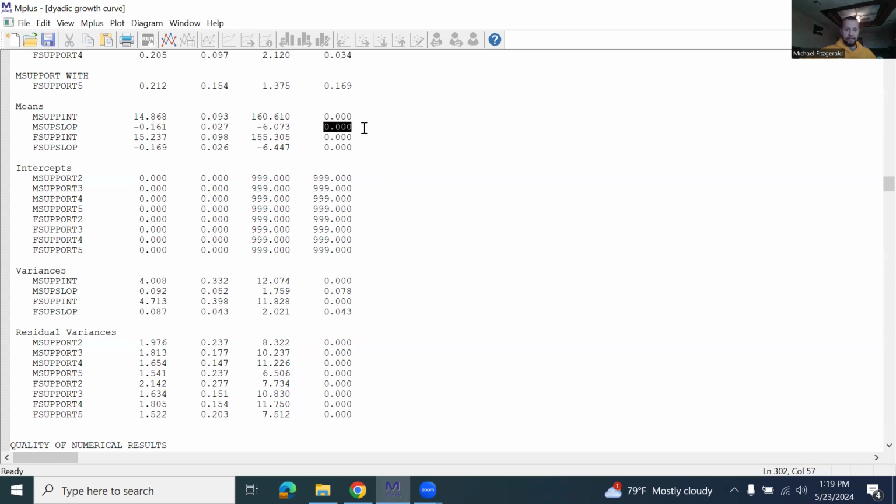If this slope is not significant, then that means that the declines that we are seeing in male support are not significantly different from 0, and you would interpret it the same way as you would a regression coefficient that's not significant. And we would say, although there are declines in male perceptions of marital support with their partner across the study period, it was not significantly different from 0.